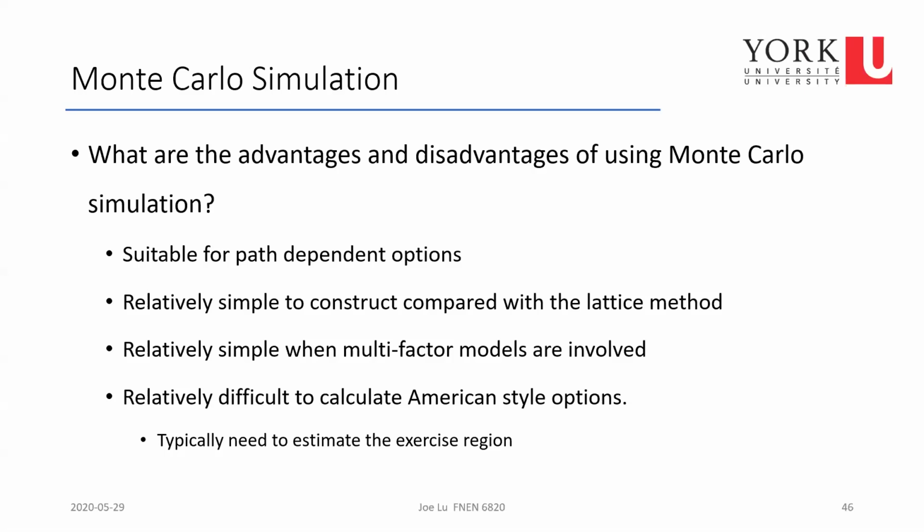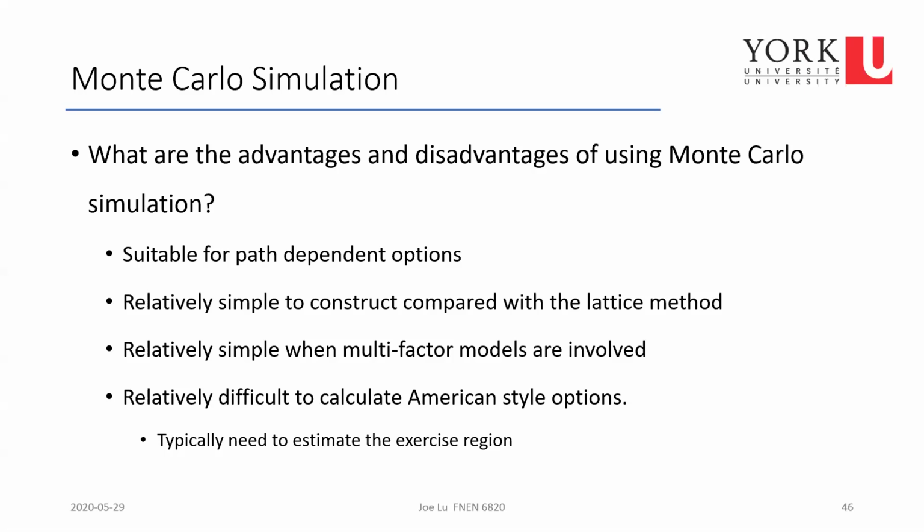If you have different factors, as long as you have the covariance matrix, so that you know how the shocks are linked together, you can basically draw the shocks from a joint distribution, and then you can handle a multi-factor model relatively easily.